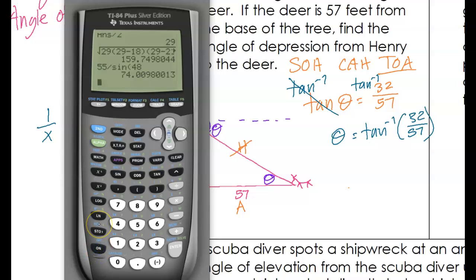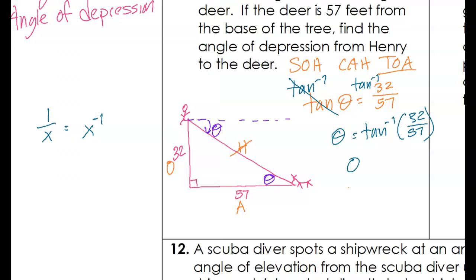The way that you solve for an angle always is by hitting the inverse on your function. So here we're using tangent. To get the inverse of tangent, you press second tan. And then you just do 32 divided by 57, enter, and you're done. 29.31 degrees, because it's an angle, and you're done.